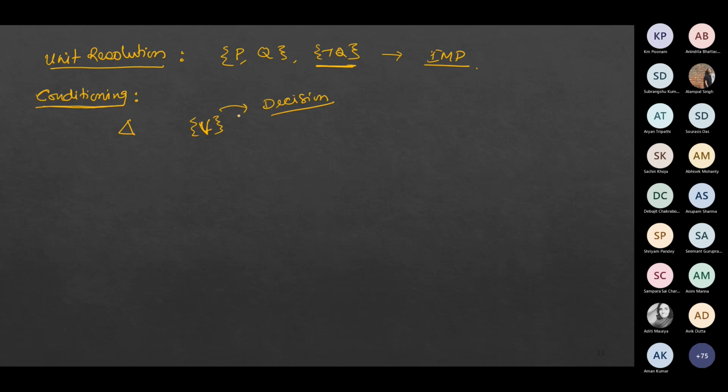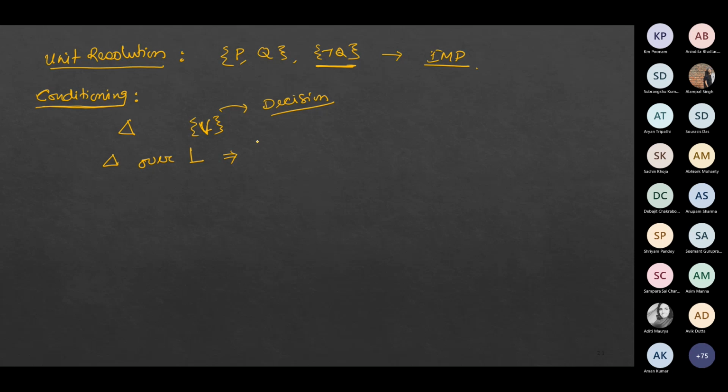What if we choose a particular value for the variable and try to reassess the state of the knowledge base? We will come up with an updated knowledge base, and that process is called conditioning. So conditioning of delta over literal L. What does that mean?